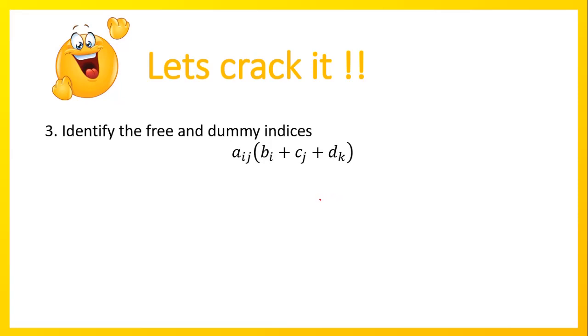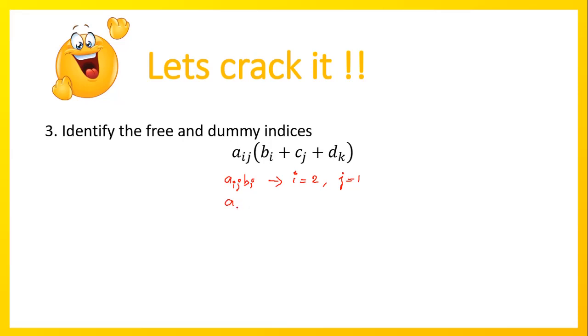So we will check the dummy index and free index in different symbol groups. We have the first symbol group, say A i j B i. In this first symbol group, i appears twice whereas j appears once.